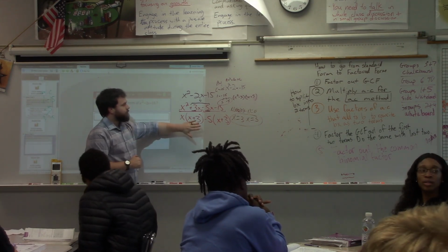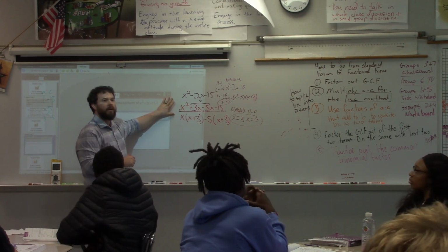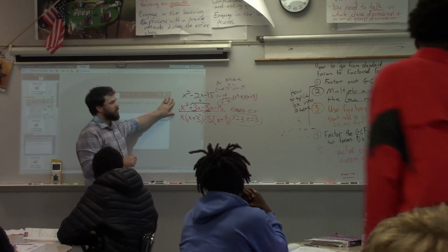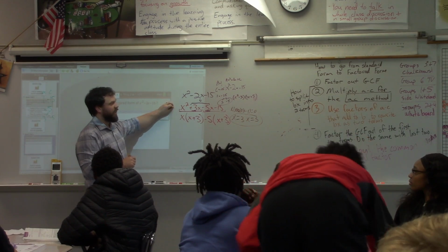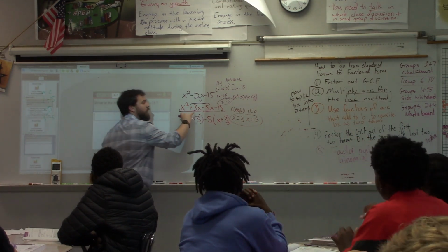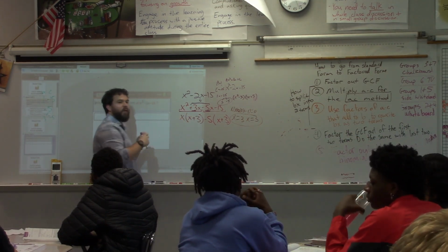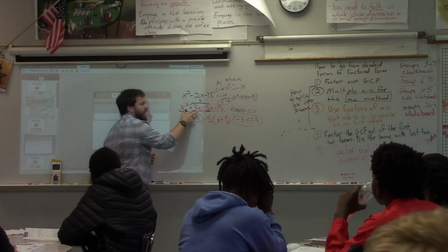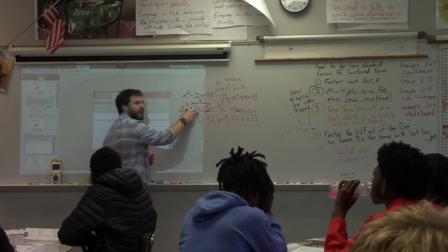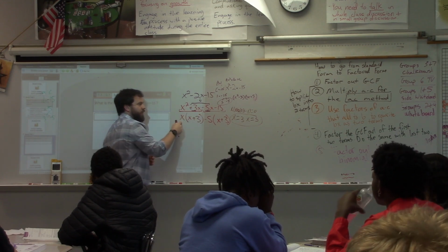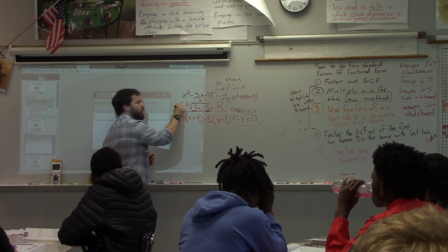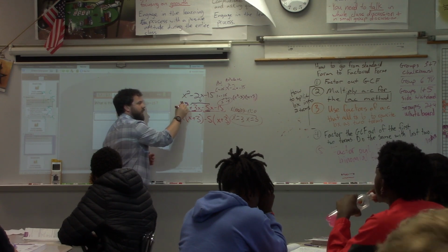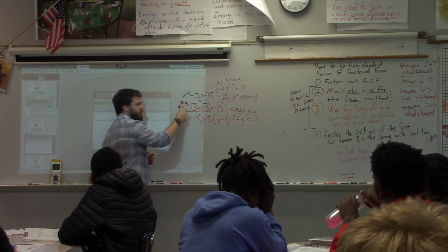So, look. Okay, focus. So, factor the GCF out of the first 2 terms. When I look at x squared plus 3x, a factor is something that's being multiplied. What is a factor that's being multiplied in both x squared and 3x? An x. And when I factor out one of these x's, I am left with 1x.